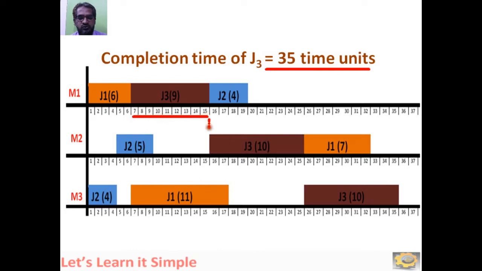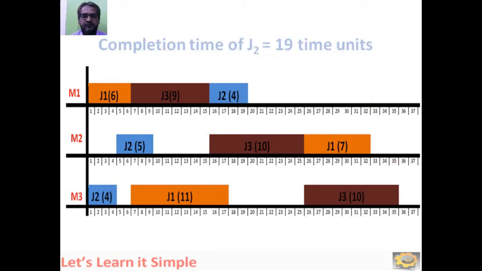Then it goes to the second machine, M2, for another 10, then to the third one, taking another 10. So in total, job 3 takes a total completion time of 35 time units.